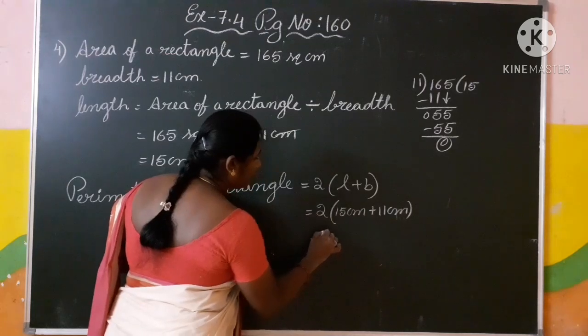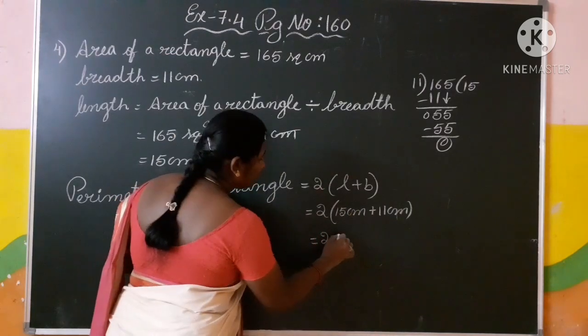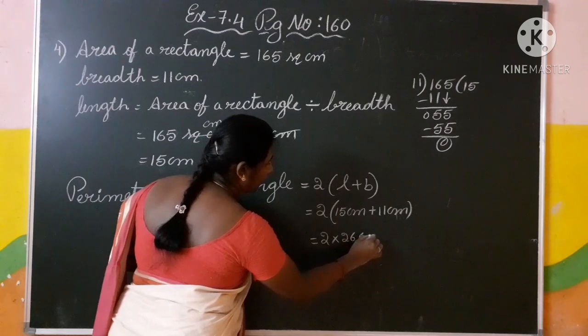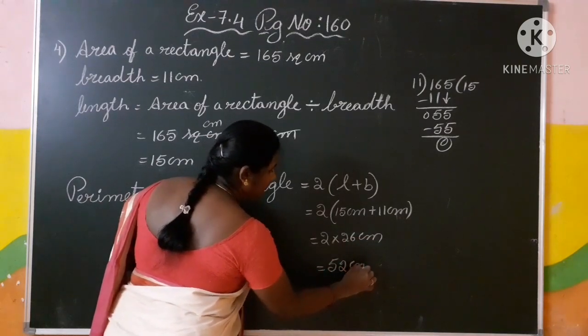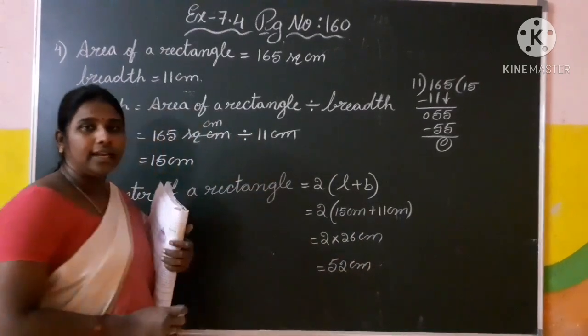So 2 into 15 plus 11, 2 into 26 centimeter. 2 26s are 52 centimeter. This is the perimeter of the rectangle.